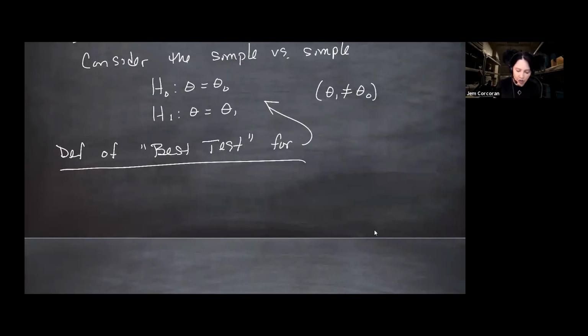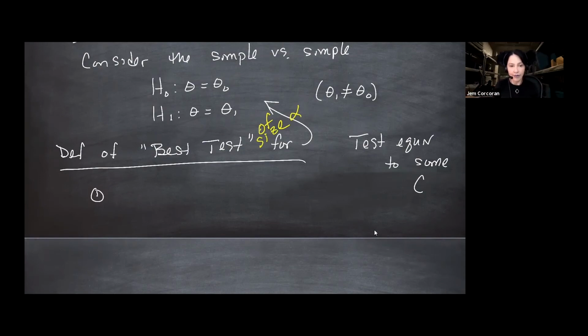And so number one, remember again, because it's new, I just want to say this over and over again, the test is equivalent to the critical region. Best test, best critical region. So the first thing we need is, I am so sorry, this is a mess. I want to say the best test specifically of size alpha.